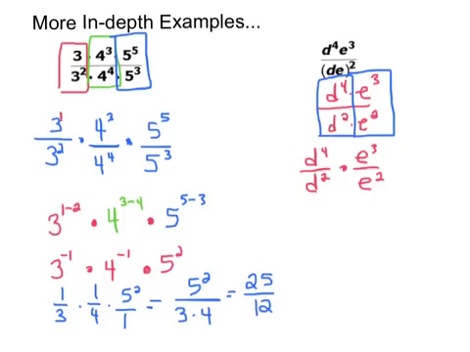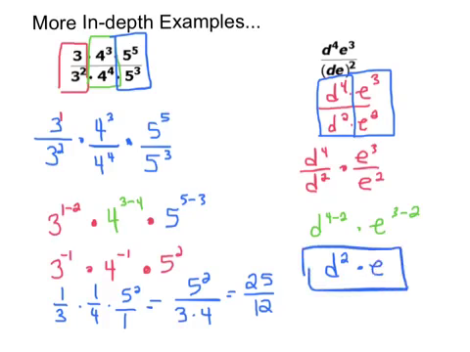And then when I use my quotient of a power, I can say that this is d to the 4 minus 2 times e to the 3 minus 2, which in this case leaves me with d to the second power times e to the first power. And then that's my answer.